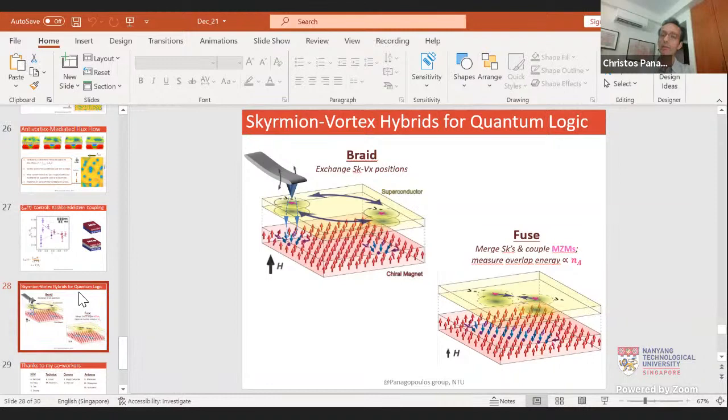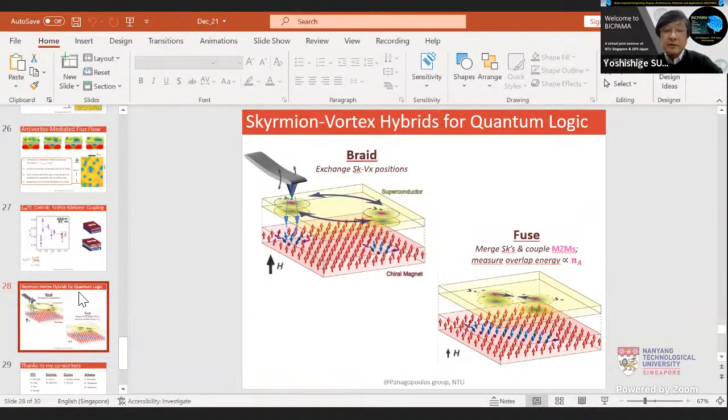This is where we would like to move to. That is, take this to the high crystallinity where magnetic inhomogeneity in the material is negligible. Then we should be able to have the quality of Majorana braiding that we need.